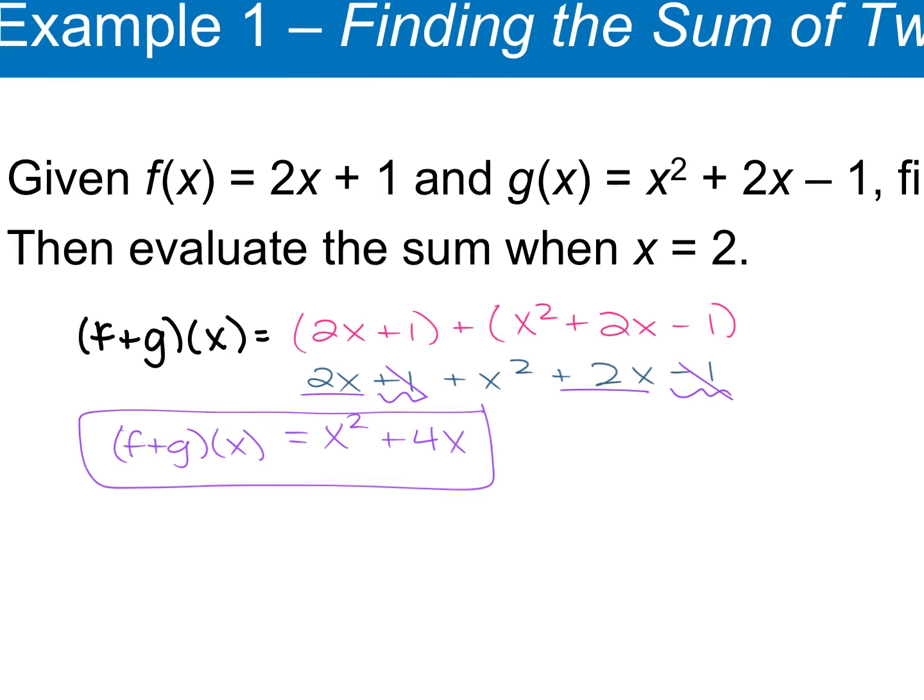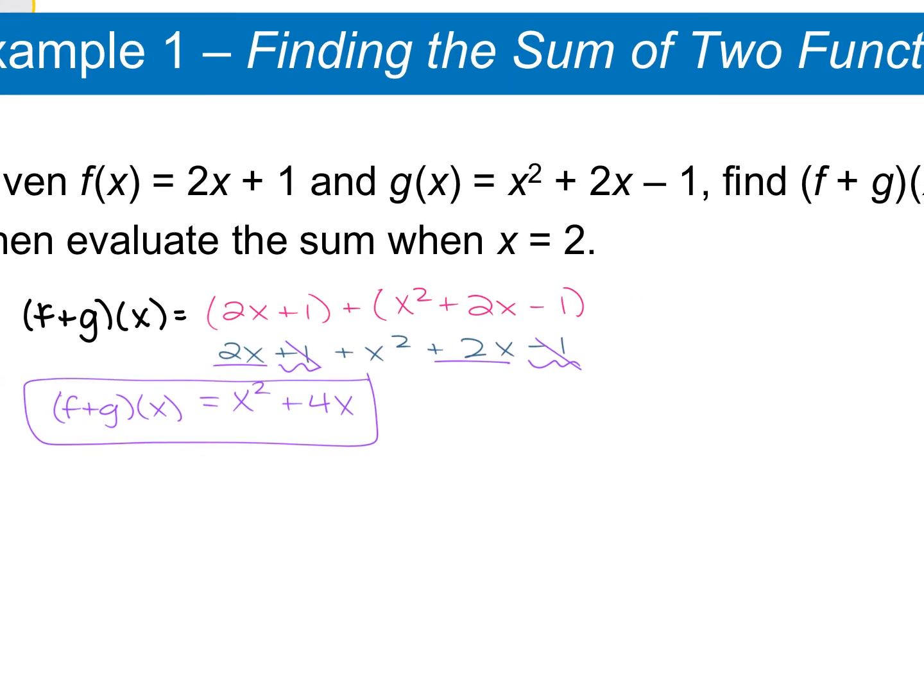It tells us to find f plus g of x, then evaluate the sum when x is equal to 2. So we're doing f plus g of 2. So we said that f plus g of x is the x squared plus 4x.